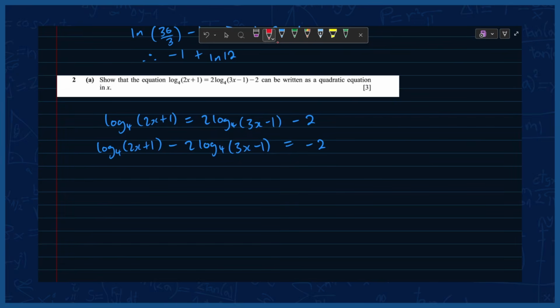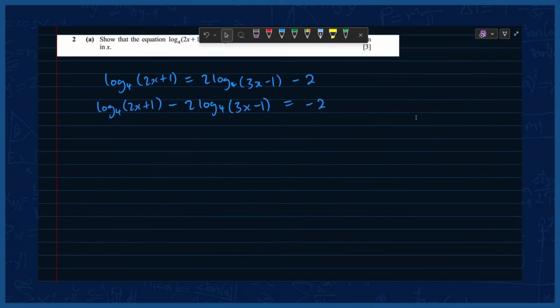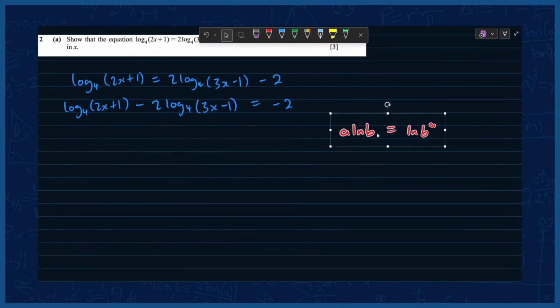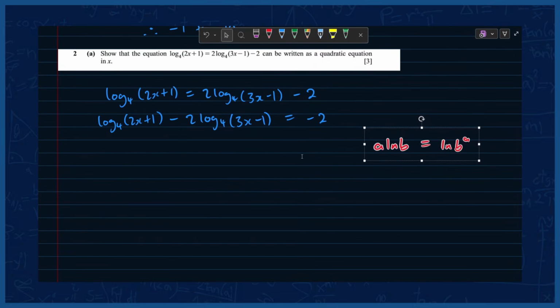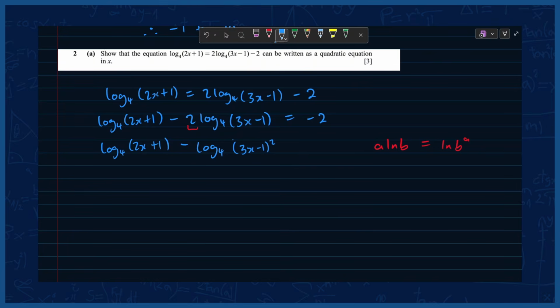And we're going to use a law of logarithms that we used above, because the idea is I eventually want to combine my logarithms together, but I want to use this to raise this 2 up. So that becomes log to the base 4 of your 2x plus 1 minus log to the base 4 of your 3x minus 1 squared.